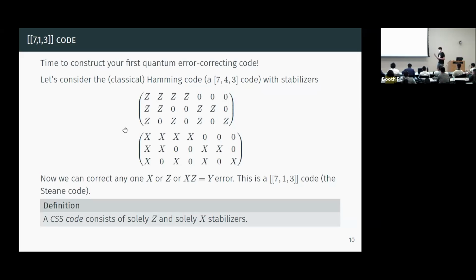So it's 7 minus 6 equals 1. So you have 1 logical qubit. I'll talk about that in the next slide. And finally, the code distance is a bit more complicated. Either you show a theorem or you just enumerate 2 to the 7 code words, or 2 to the 1 code words, right? And then you see, okay, I need three Pauli errors to flip from one to the other.